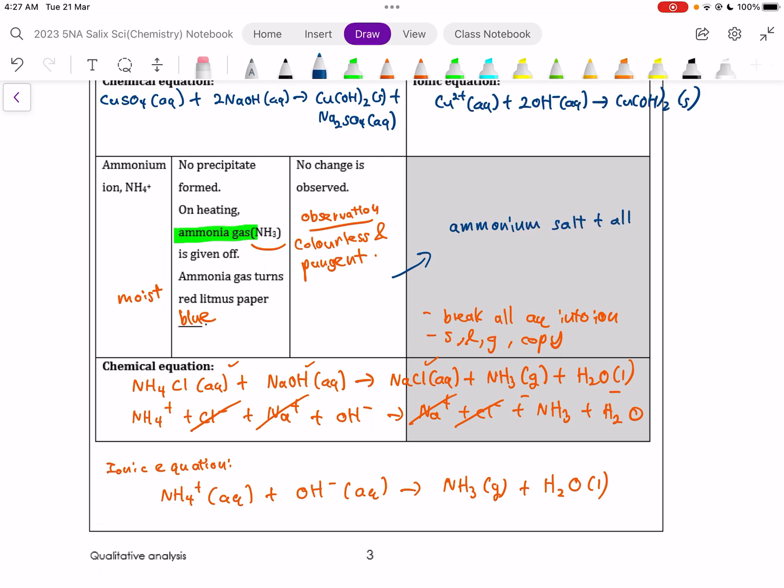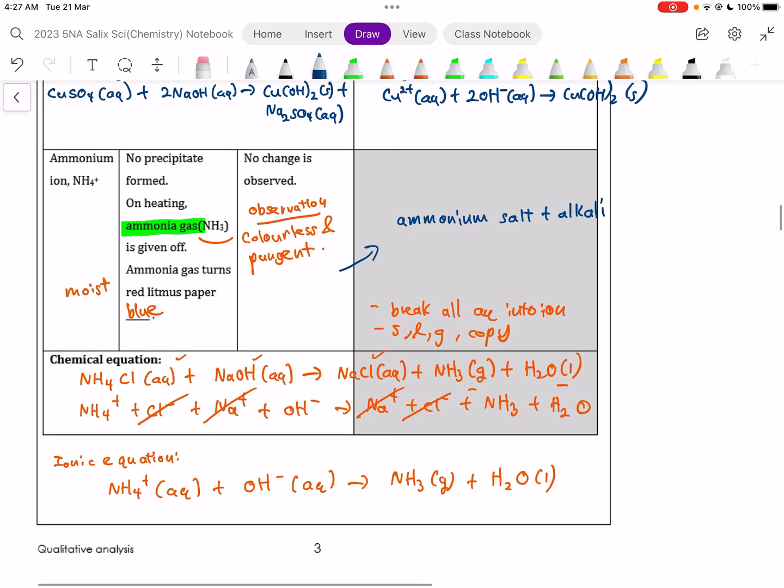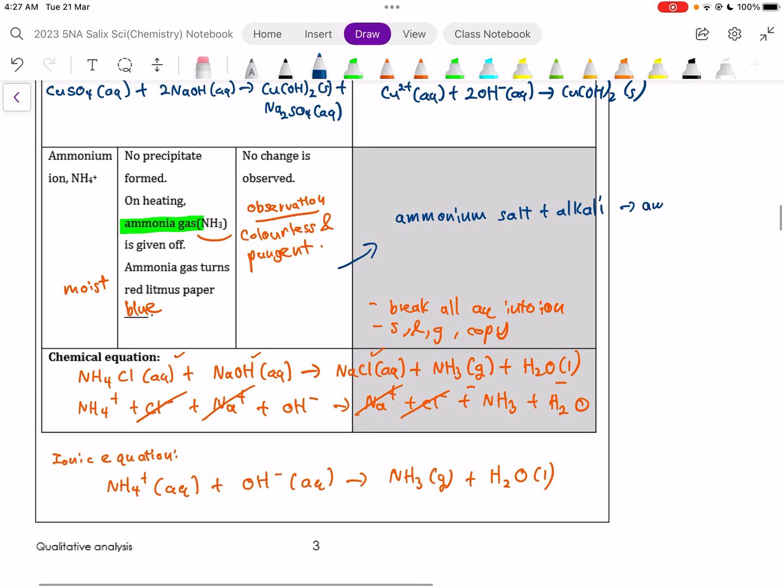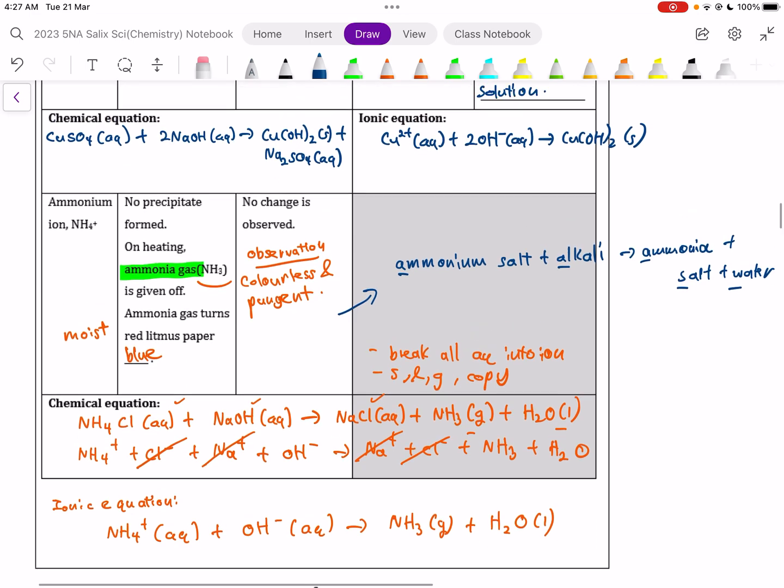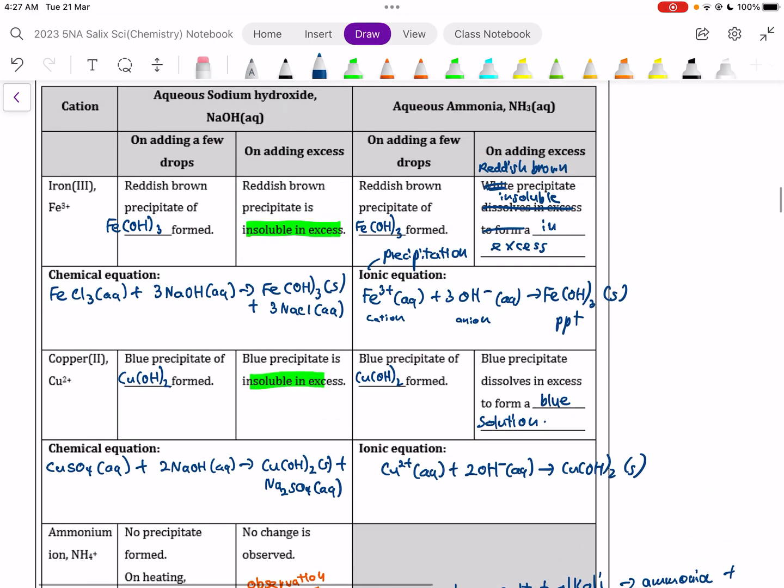That one gives you ammonia gas plus salt plus water. I like to call it AAASW. But the rest mostly is precipitation reaction.